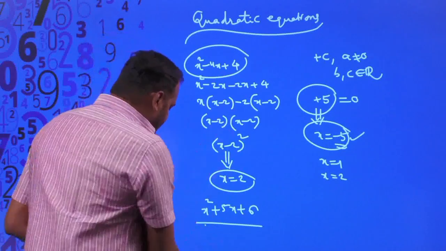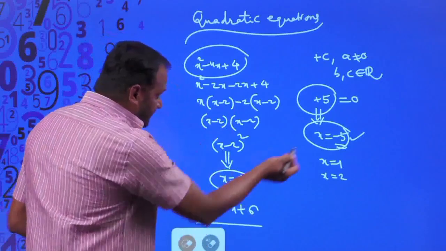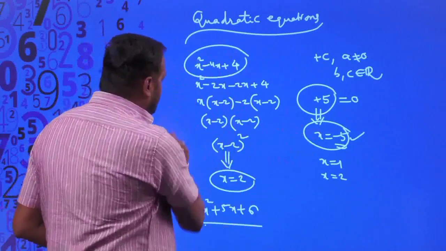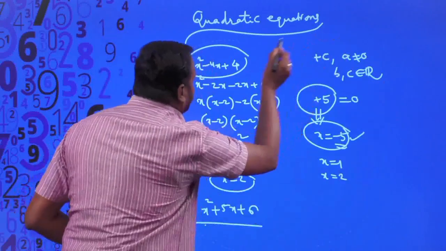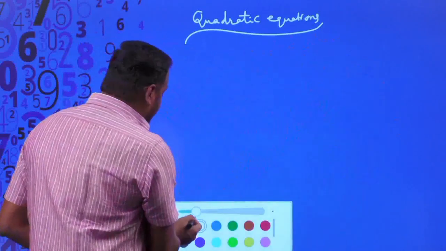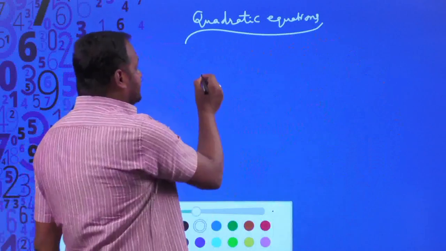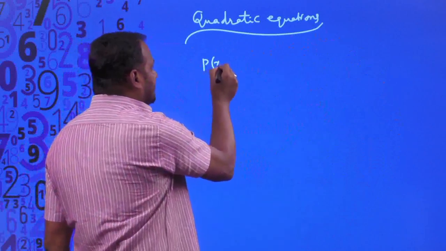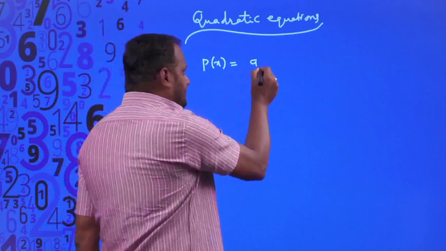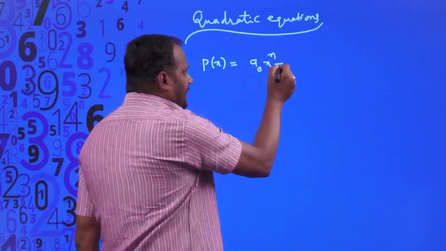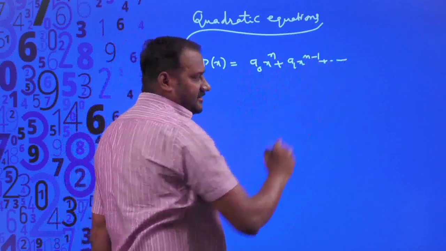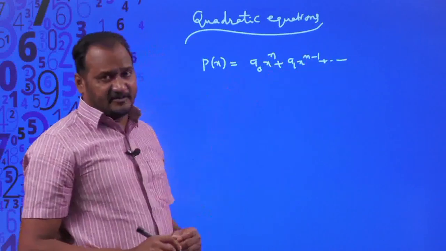So we can generalize one thing here with the help of this conversation for the first degree polynomial as well as the second degree polynomial. Suppose you have a polynomial of degree n, that means p of x is a polynomial of degree n, for example a0 x to the power of n plus a1 x to the power of n minus 1 plus so on. So this is an nth degree polynomial.